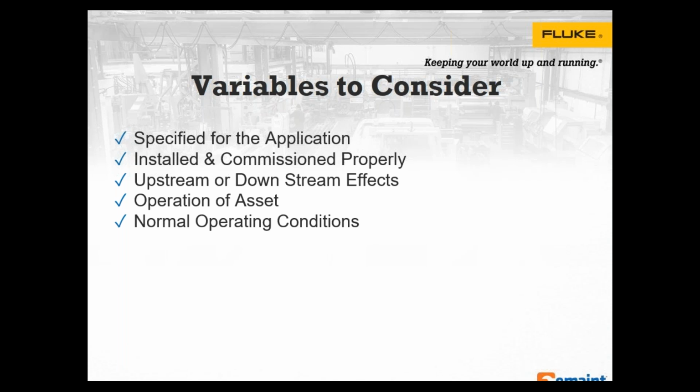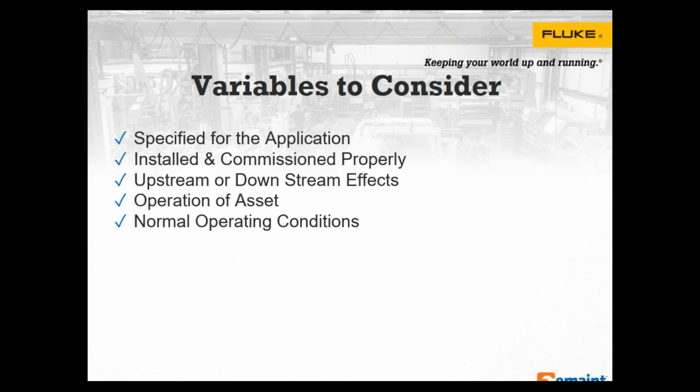The next variable to consider, for the data coming out that you're trying to baseline, is whether it's normal operating conditions. This is probably one of the most common errors that I run across. A new asset is installed at a particular location, the customer wants to start baselining that asset, and they choose a period of time to look at the data coming from it, but they don't consider what the operating conditions were at the time.